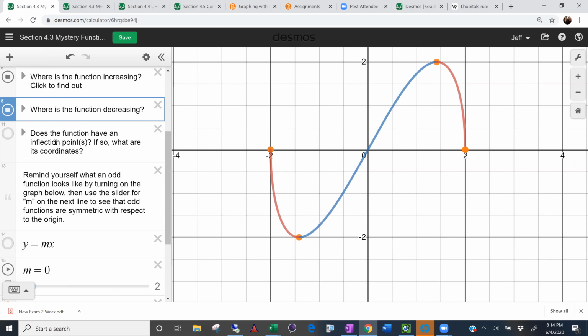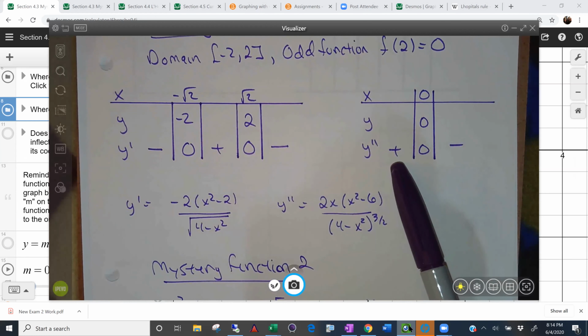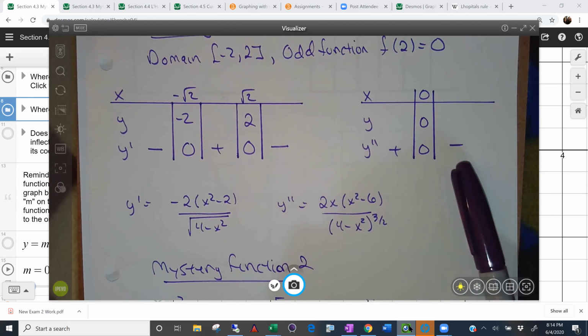It says, does the function have an inflection point? What would be true if the function had an inflection point? It goes from positive to negative in the second derivative. Yeah. So the second derivative changes sign, either from positive to negative or negative to positive.